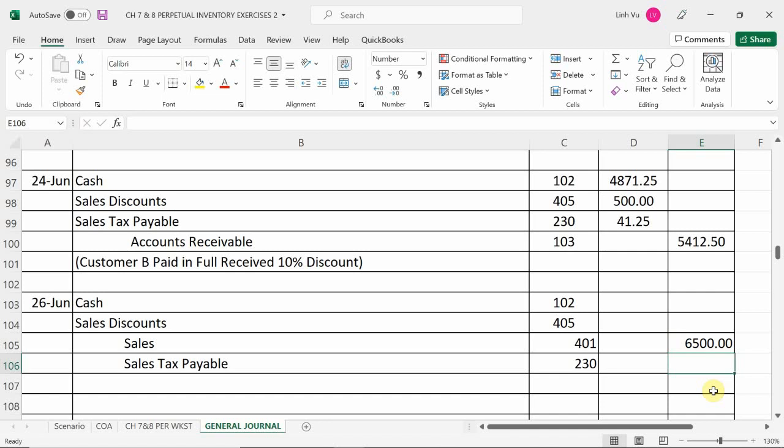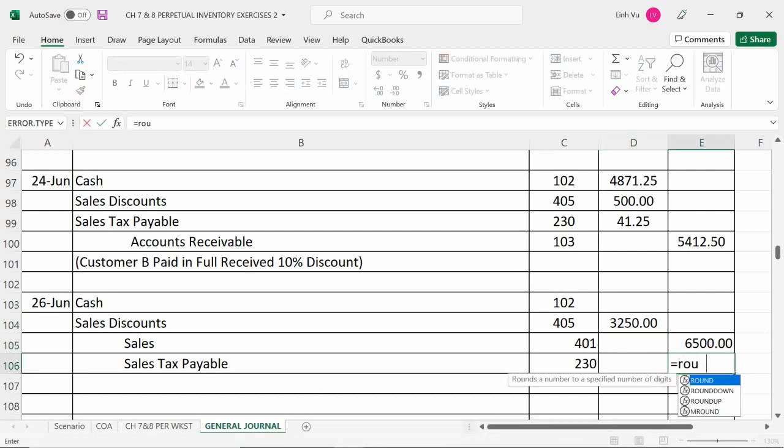But if my store is having a 50% off discount, then what is going to be my discounted amount? $3,250. So therefore, how much tax am I going to be charging? I'm going to be charging based off of what I sold in the store. So I'm going to be charging tax based on the $3,250.